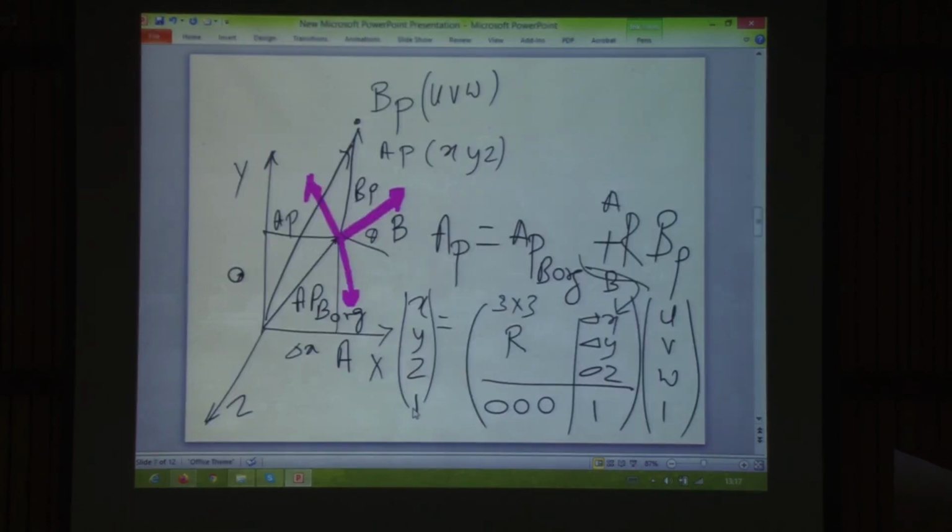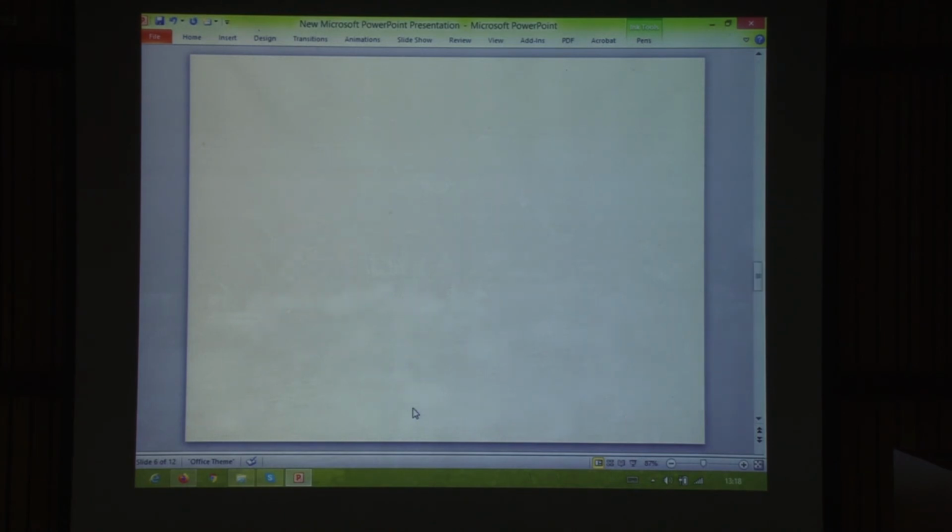Something again important here is that this is called the rotation part, this is called translation part, this is called perspective, and this is called scale. So this has 4 parts and it has 4 names.